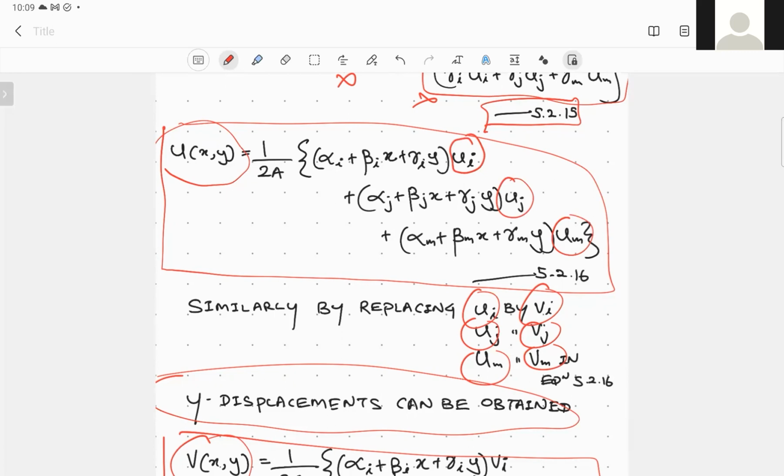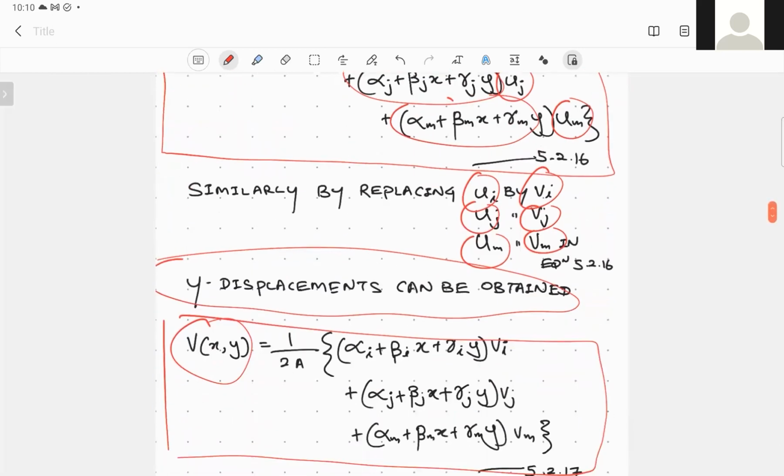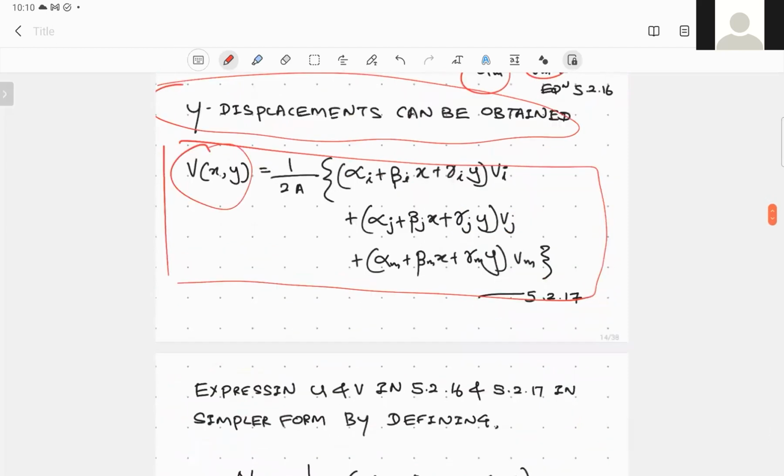These have been multiplied by certain constant values, as well as functions of x and y. Let's call these interpolation functions, or shape functions, just like we did in the previous case. So let's call them Ni, Nj, and Nm.